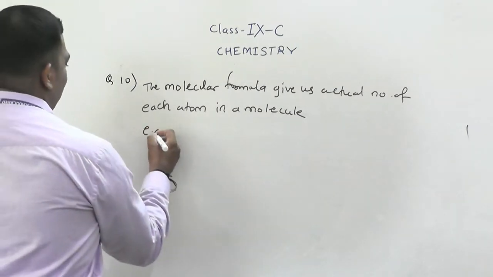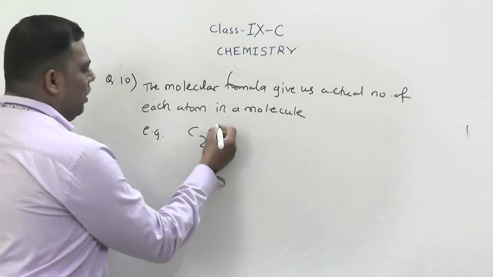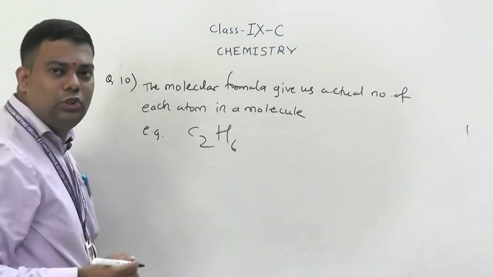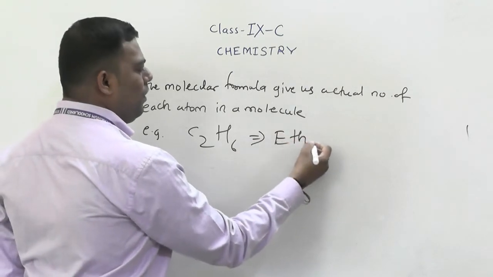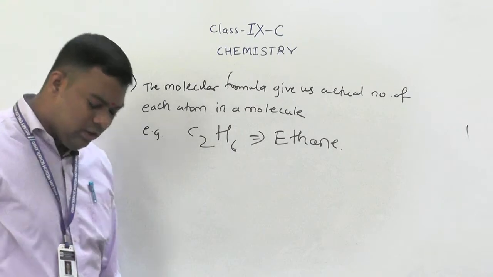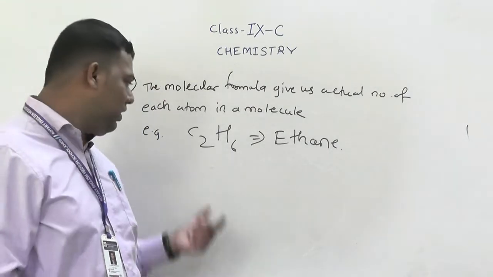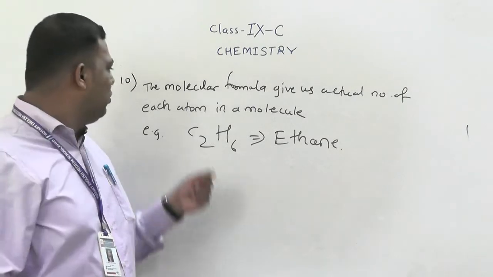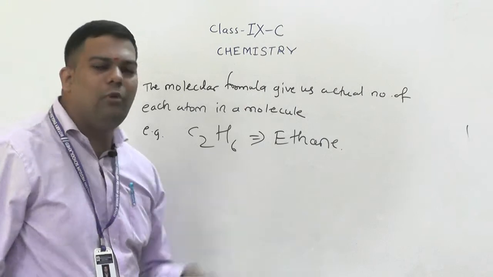For example, see here C2H6. As you know, this C2H6 is ethane. We discussed a numerical on the basis of this in our previous worksheet. So the molecular formula gives us the actual number of each atom in a molecule.